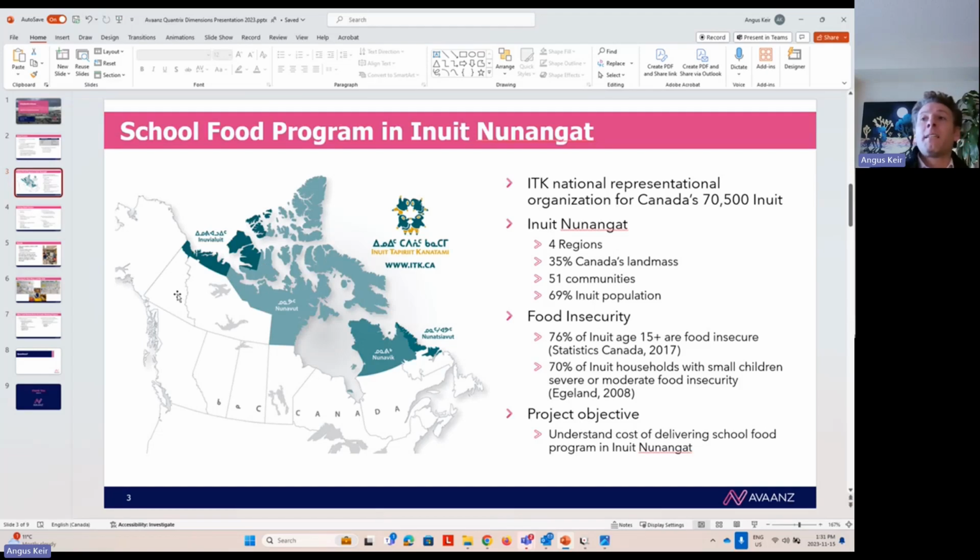So we found the next best thing, which was data from the Northwest Territories, similar in terms of its geographical proximity to Inuit Nunangat, but not Inuit Nunangat, yet a good proxy given its location and proximity.